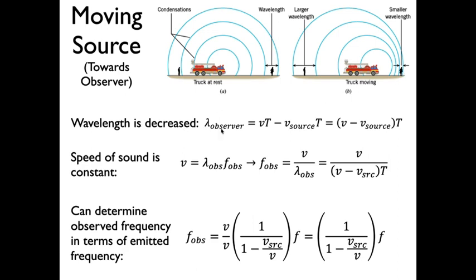The wavelength gets decreased. So the wavelength that the observer in front measures would be the speed of sound times the period of the wave minus the speed of the source times the period of the wave, because the source is moving towards that observer.